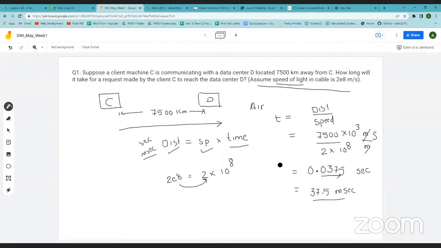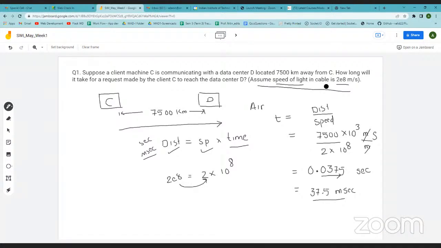But if you notice the speed of light, it is of the order 2 into 10 raised to power 8, right? So it is very large compared to the distance we are traveling. Now, I'm reading this: assume the speed of light in cable is 2 into 10 raised to power 8.